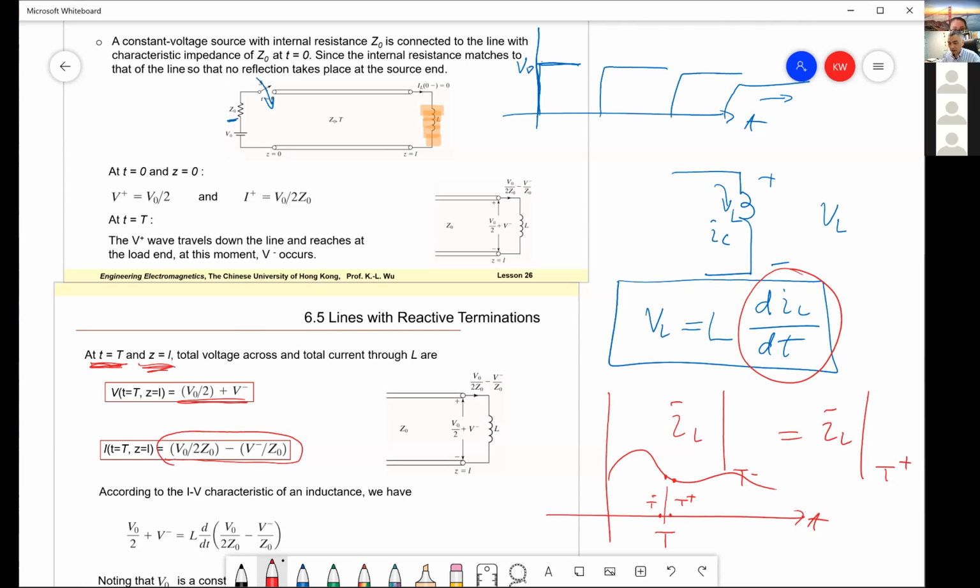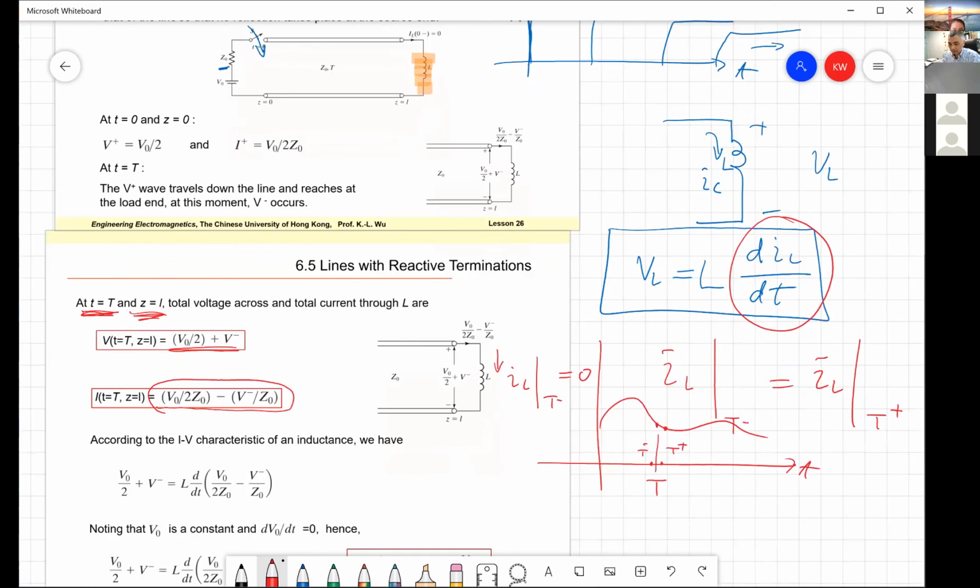Before we do the analysis, we have to consider that this is an initial condition problem. We assume the current going through the inductance at t minus equals 0. No current going through this.